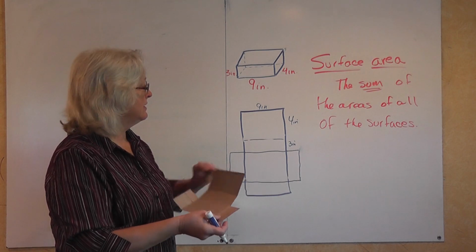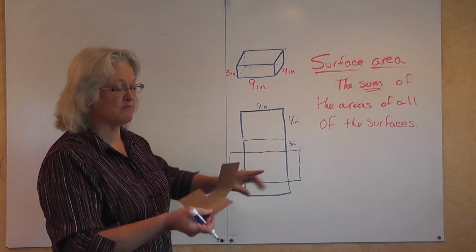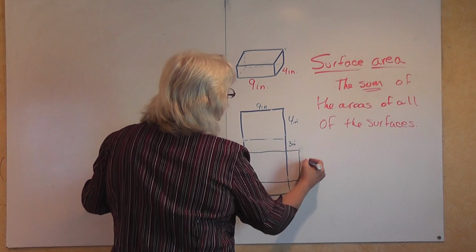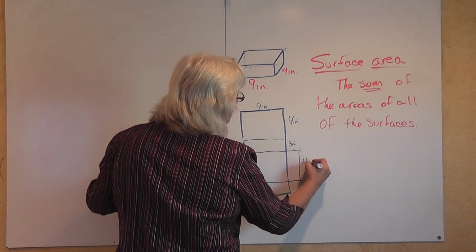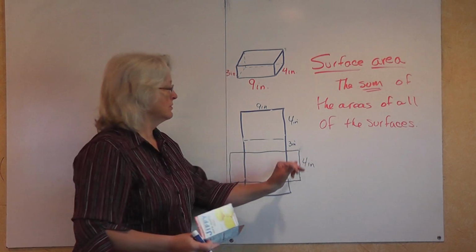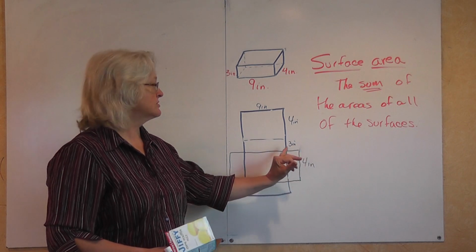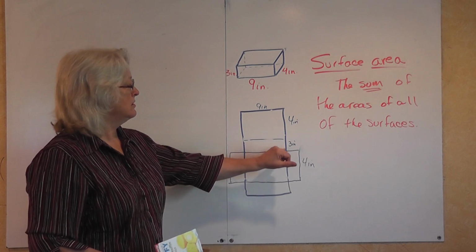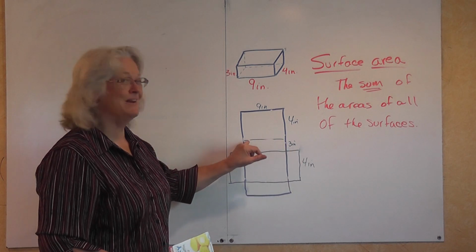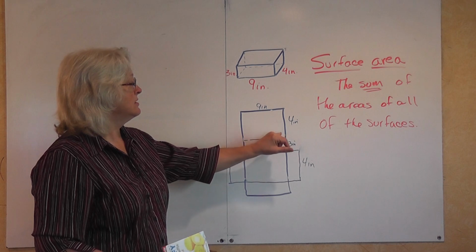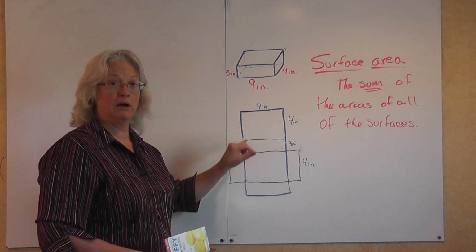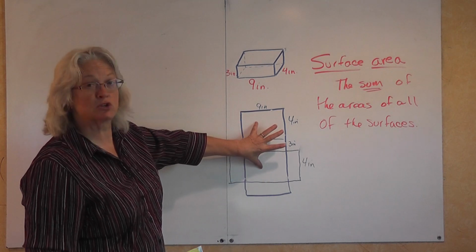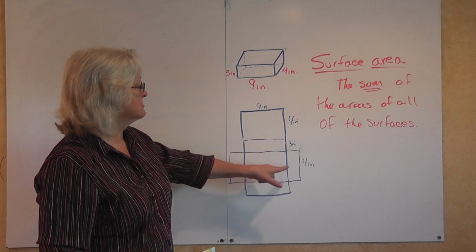This dimension right here, it's the same as this 4. So you still have 4 inches on this dimension. So you have a 3 inch by 4 inch rectangle. You have a 3 inch by 9 inch rectangle. You have a 4 inch by 9 inch rectangle. And you have 2 of each of those rectangles.